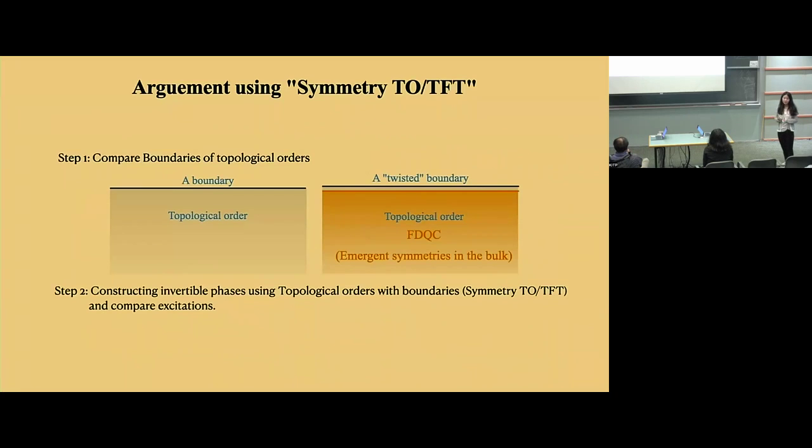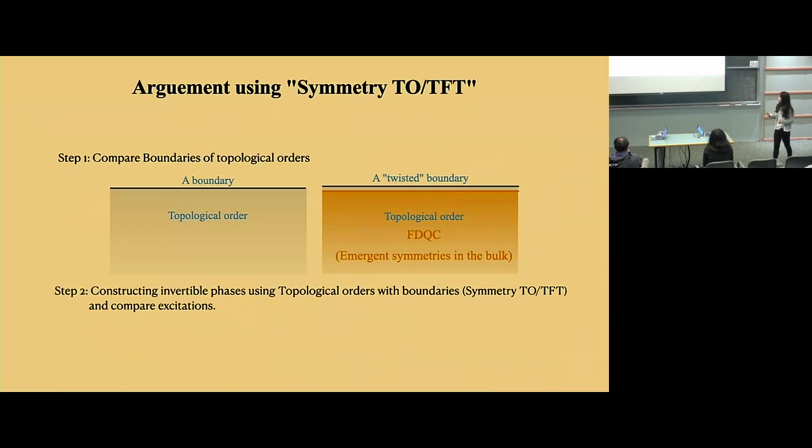They are related by some non-trivial properties, especially if you have a topological order with a particular gapped boundary of your choice. In many, many cases, we can find a finite depth circuit that acts trivially in the bulk, meaning that it's actually an emergent symmetry in the bulk. It's some logical qubits on the logical space.